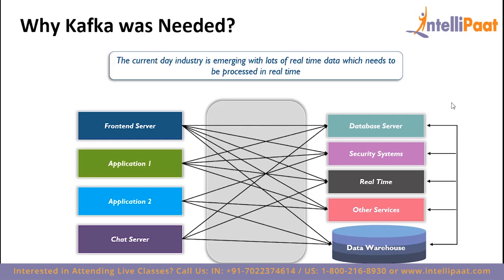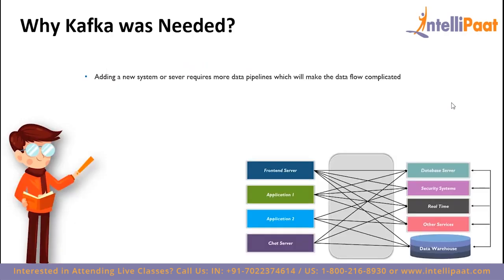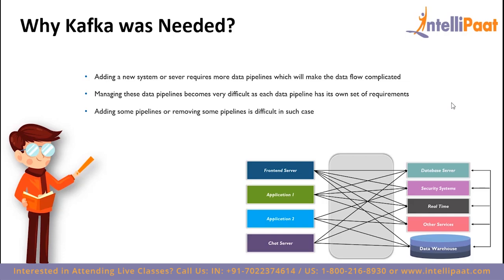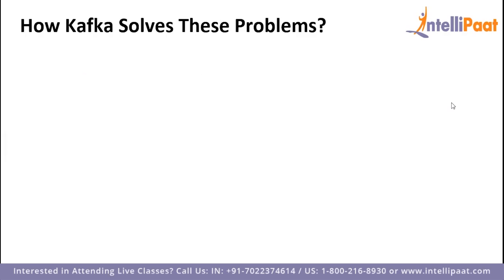So you can see that the data pipelines are getting more complex with the increase in the number of systems. And adding a new system or server requires more data pipelines which will make the data flow complicated. And managing these data pipelines becomes very difficult as each data pipeline has its own set of requirements. So adding or removing some pipelines is difficult in such a case. So this is where Kafka comes in with all the right answers to the above problems.